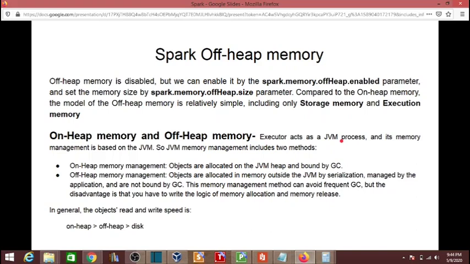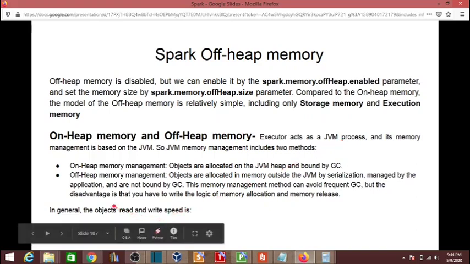In off-heap memory management, objects are allocated in memory outside the JVM by serialization, managed by the application, and are not bounded by the GC. So off-heap memory is not cleared by the GC. This method can avoid frequent GC, but the disadvantage is that you have to write the logic of memory allocation and memory release.